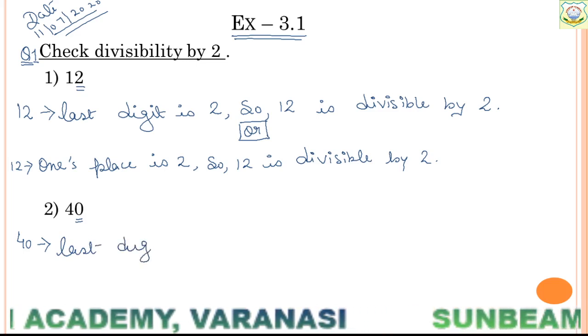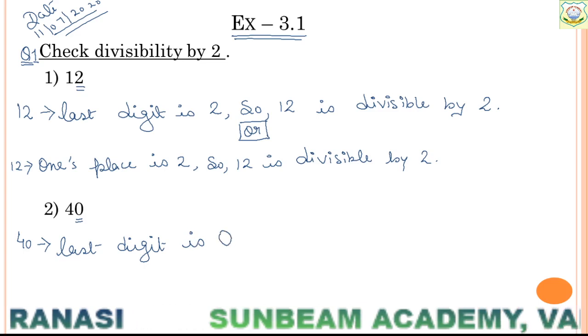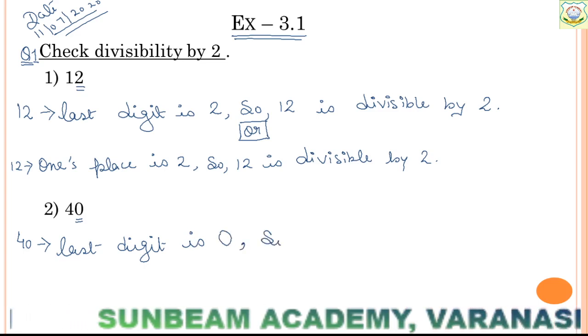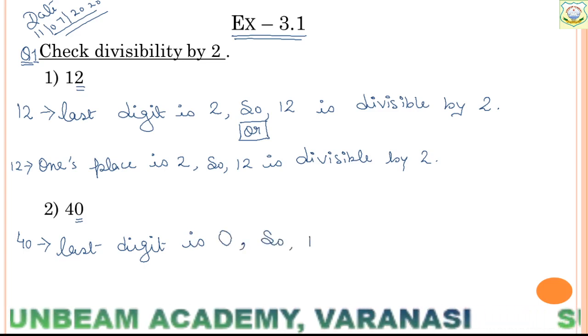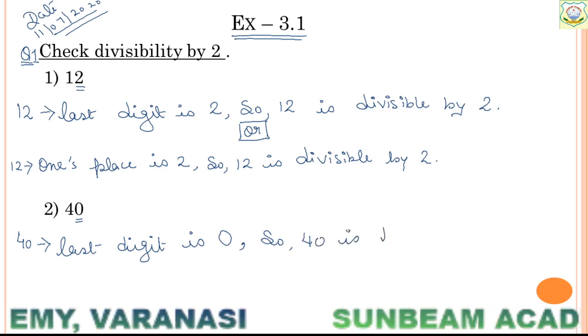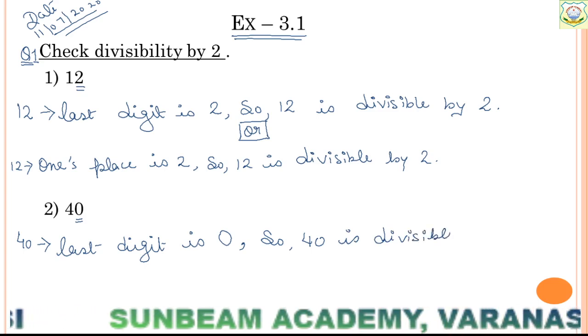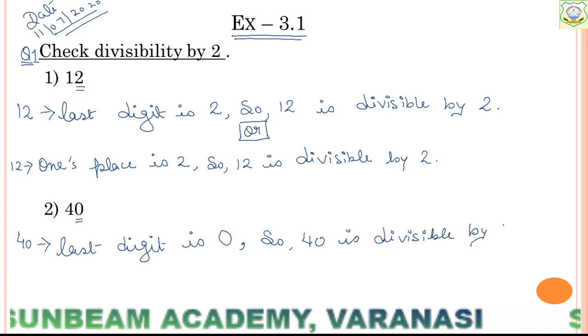Last digit is 0, so 40 is divisible by 2.